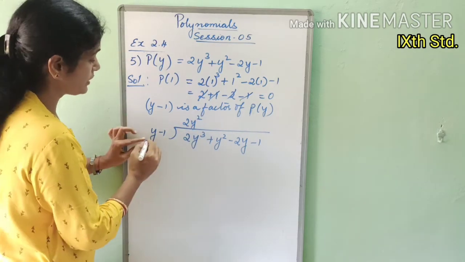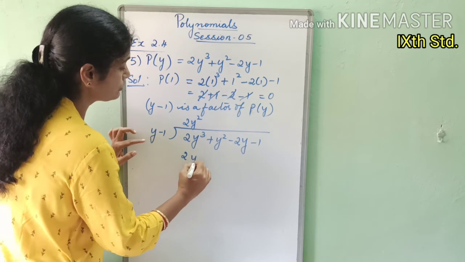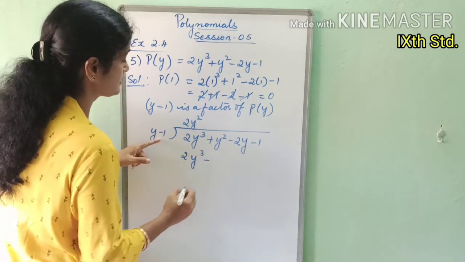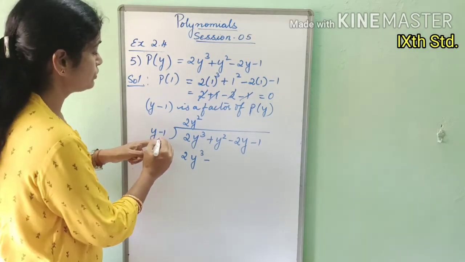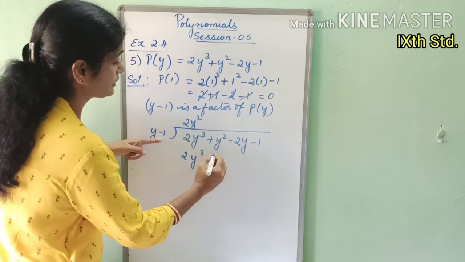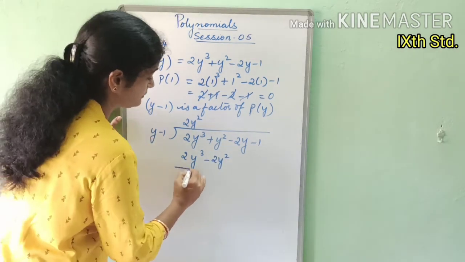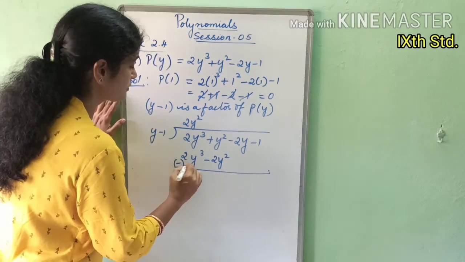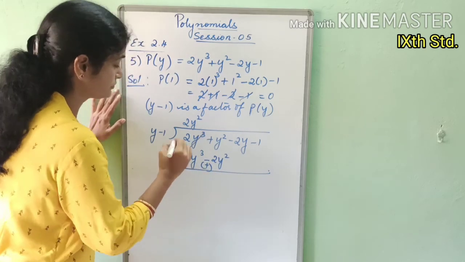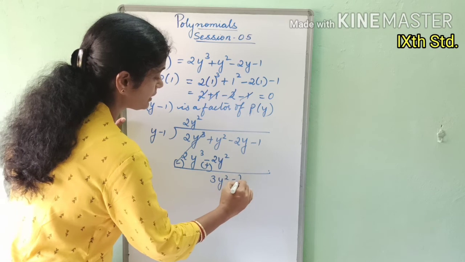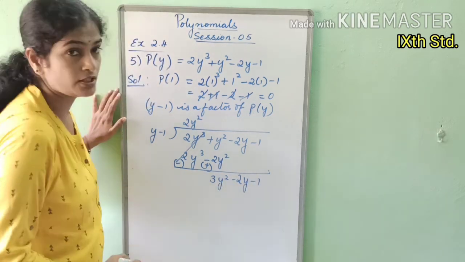So 2y square into y gives you 2y cube, right? Then minus, 2y square into 1 gives you 2y square. Then subtraction. This is 3y square minus 2y minus 1.